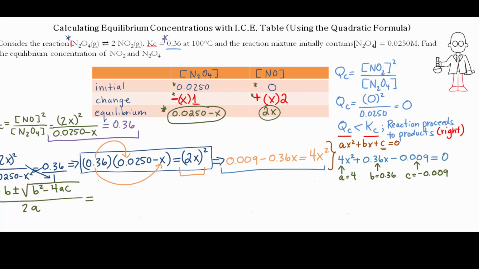So I'm going to have two expressions, actually. So that's going to be the opposite of b, which is 0.36 plus or minus the square root of b squared, which is 0.36 squared minus 4 times a, which is 4 times c, which is negative 0.009.